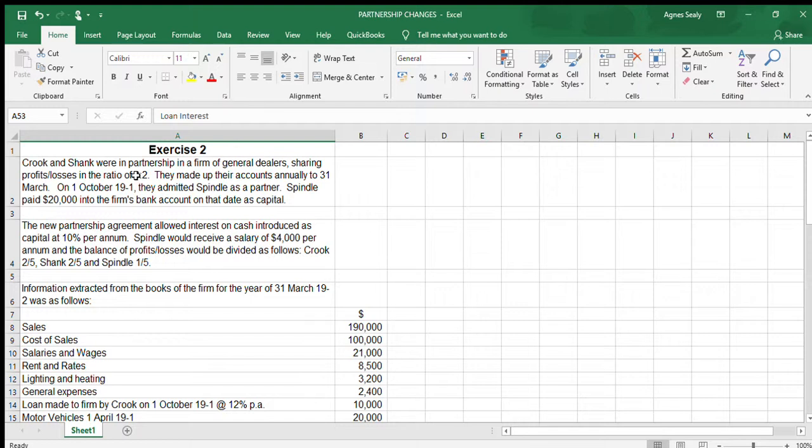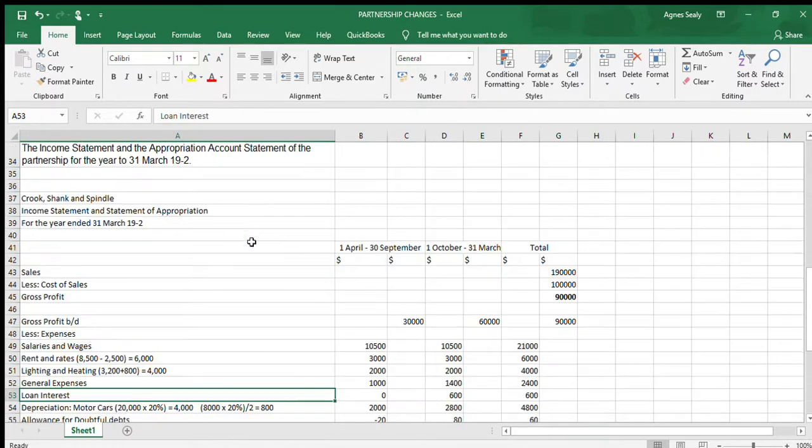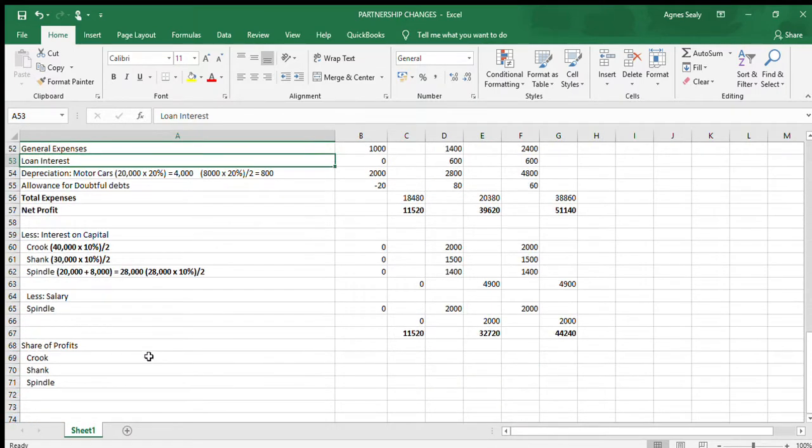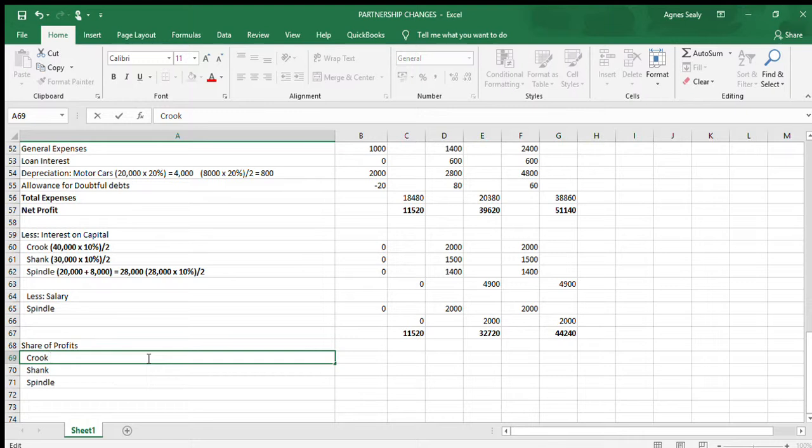That means Crook is getting 3 parts and Shank is getting 2 parts. And we know with ratios, if you add the parts together, you get the whole. So Crook will be getting 3/5 of the profits and Shank will be getting 2/5 of the profits.